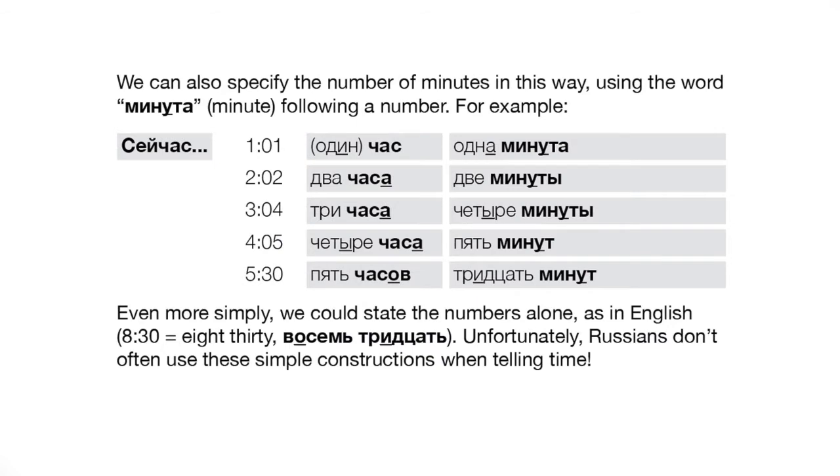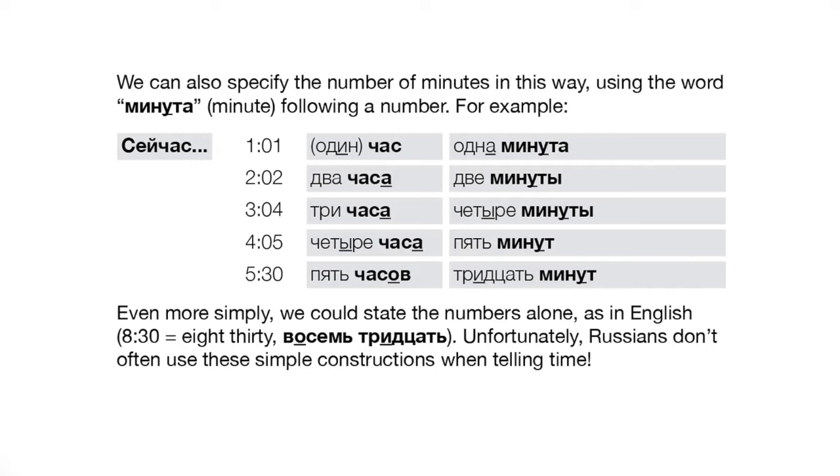Okay, so what if we want to be more exact? Well, there's one very easy way to do that in Russian. We just basically read out the time, like we would say in English, like it's 1:01, 2:02, 3:04, or whatever. So how would we do that? Well, we just split up the hour and the minutes and use them the way we learned yesterday. Один час, одна минута. One hour, 1 minute.